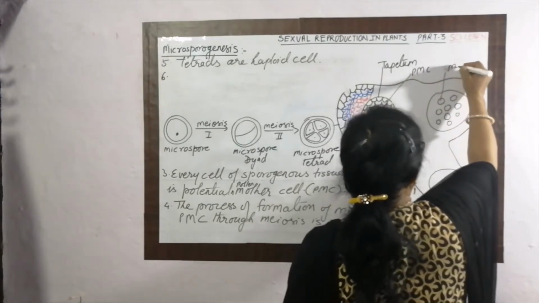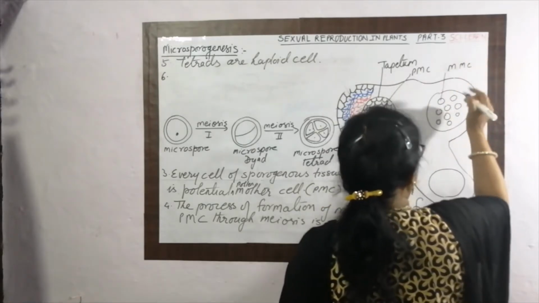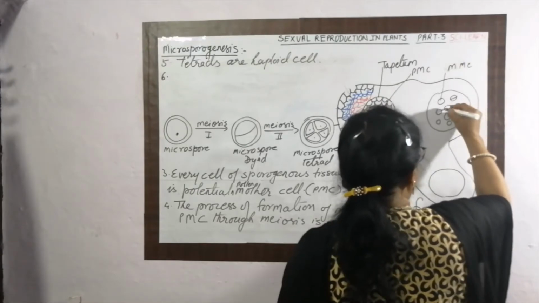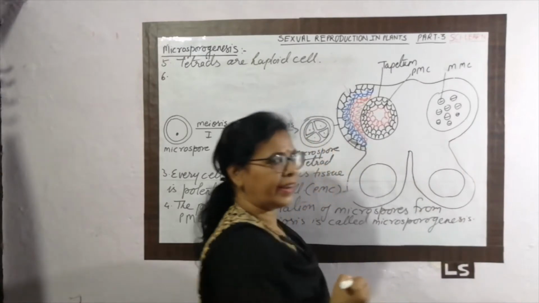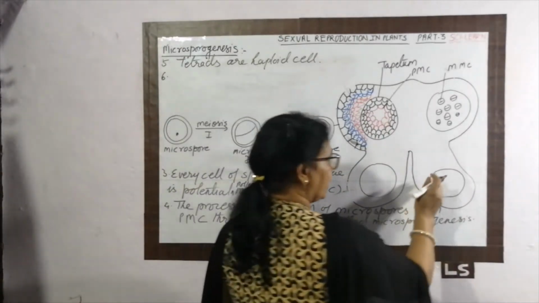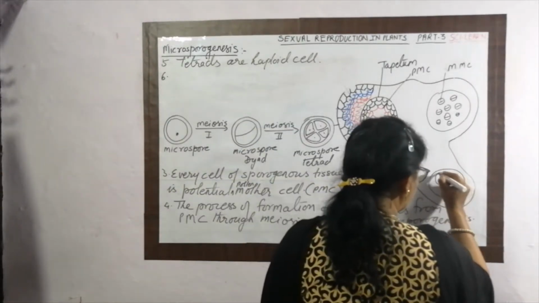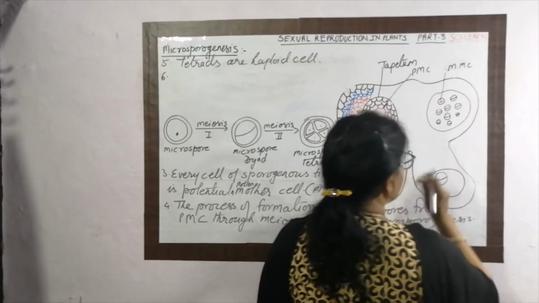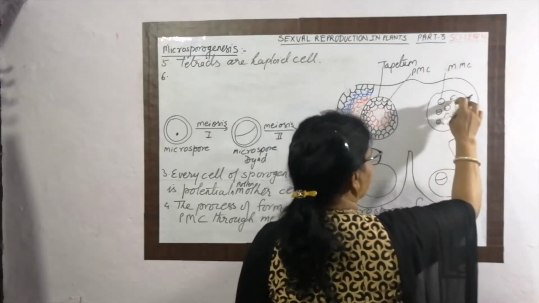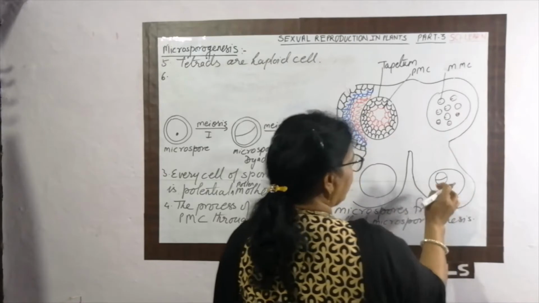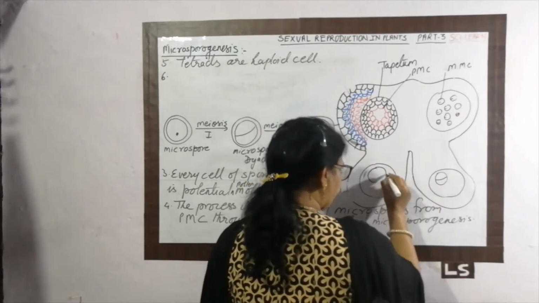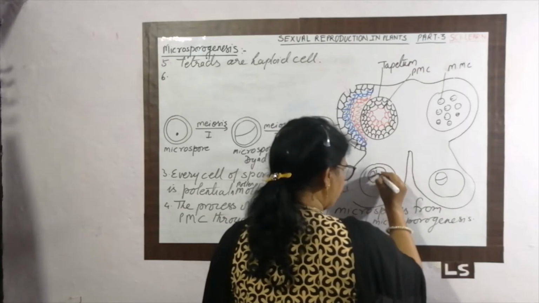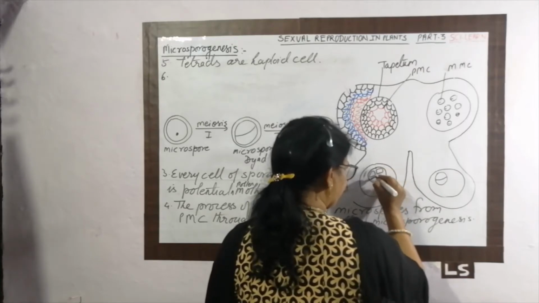Meiosis 1 is going on, and because of this the dyad is formed. Then in the dyad cells meiosis goes on again, and the dyad is converted into a tetrad. Here the tetrad is formed.